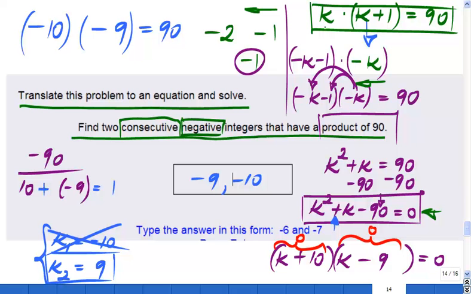In this case, you will find your two roots, one will be 10, one will be negative 10, one will be 9, and in this case, the negative 10 will work, because negative 10 plus 1 is going to be negative 9, and negative 10 times negative 9 is going to be 90. That's why even if you choose to go this path, you will still have the same roots, negative 9 and negative 10, or negative 10, negative 9, whichever way you would like to write them down, okay?